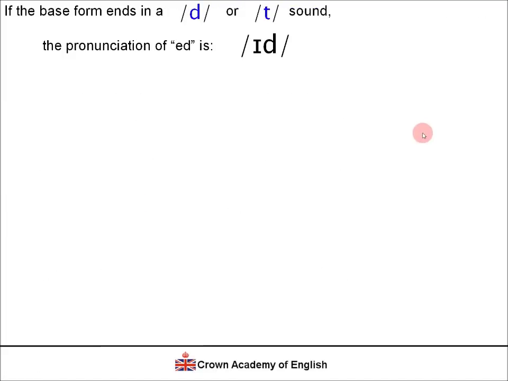And now the final rule. Remember earlier we had exceptions, and this is why there were exceptions, because there is a separate rule. So if the base form ends in a D or a T sound, then the pronunciation of ED is id. So let's look at the D sound first.